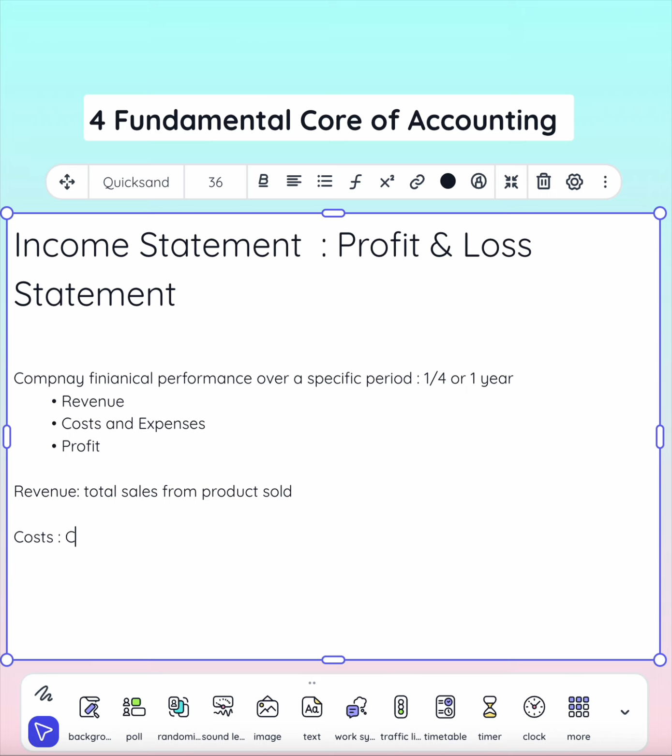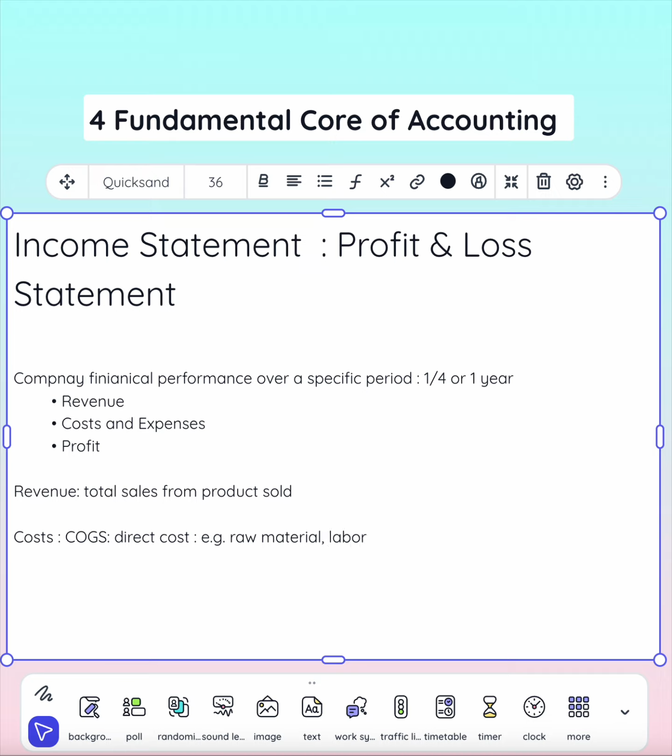Cost of goods sold, COGS, is the direct cost of producing the goods sold by a company. For example, raw materials for making a product, or labor, salary.